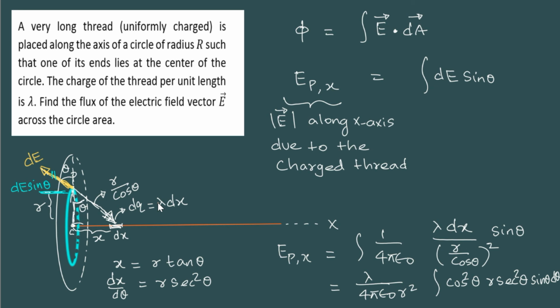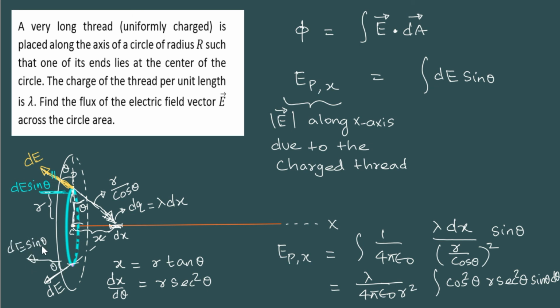So for example, suppose I take this lowermost part of the blue ring and calculate the electric field there. This point charge is going to provide electric field in this direction, which is dE. By symmetry, this dE and this dE will be the same, and I am interested only in the horizontal components. So this will also end up being dE cos theta. I hope you get the point, right?